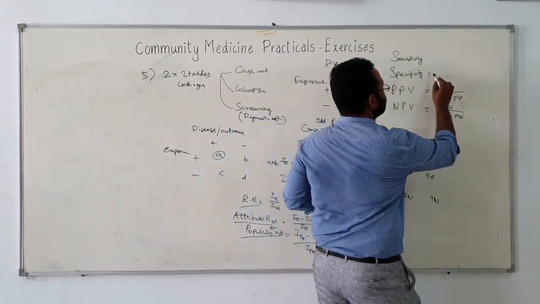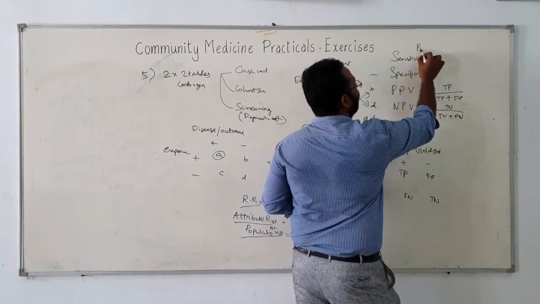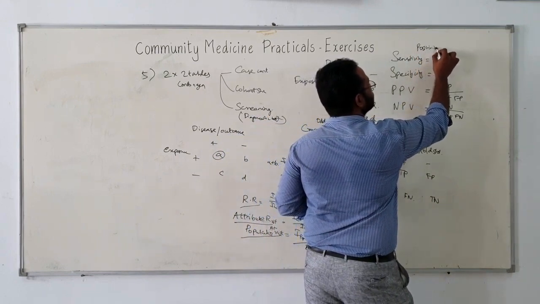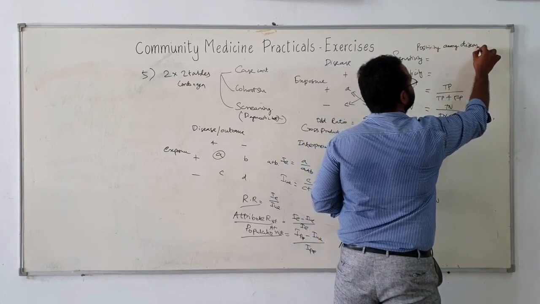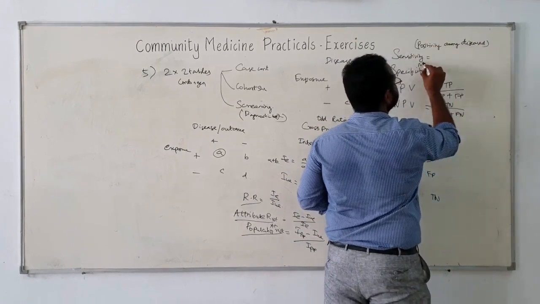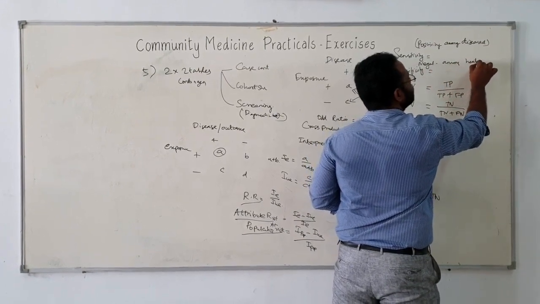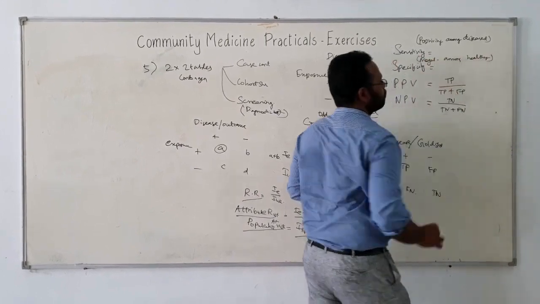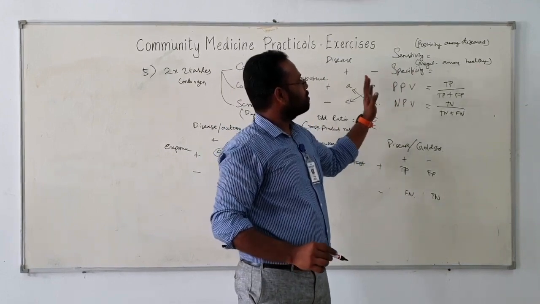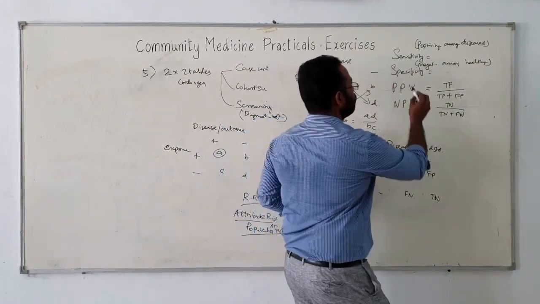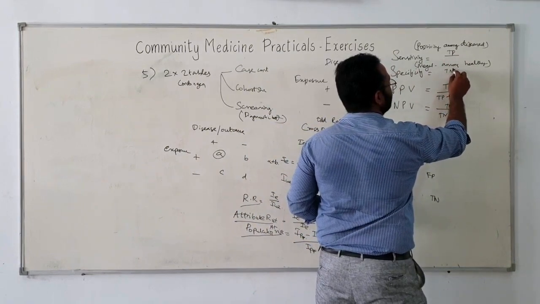Then we have specificity and sensitivity. Sensitivity, you have to remember in this way, positivity among disease. Sensitivity is positivity among disease. Specificity is negativity among healthy. If you remember this phrase properly, sensitivity is positivity among disease, specificity is negativity among healthy. So, who are positives? I said true will always be on the top, so here true positive will be on the top.